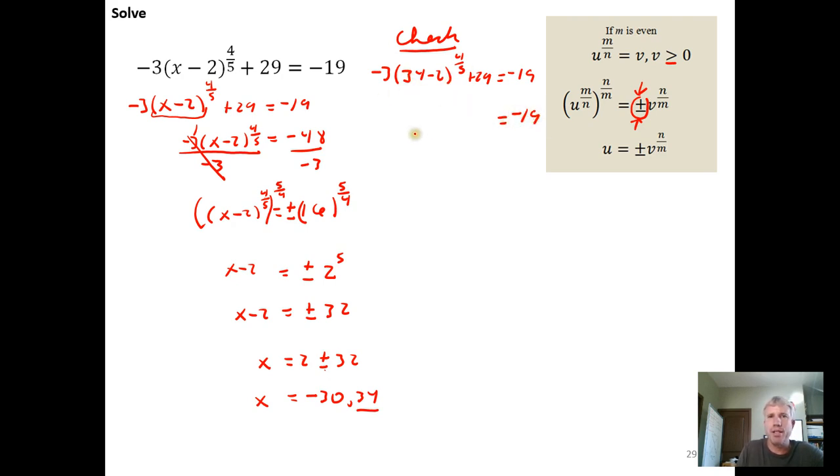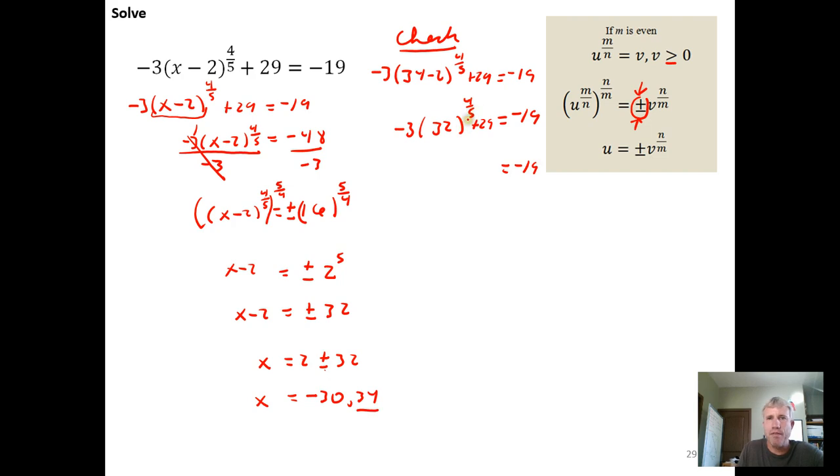So 34 minus 2 is just 32 to the 4/5. Again, the reason I'm only going to check the 34 is that when we plug negative 30 in here, we get negative 32 instead of positive 32, but raising to the 4th power just kills the negation. So as long as 32 to the 4th works, negative 32 to the 4th is going to work as well. And this is plus 29 right here, so equals negative 19.